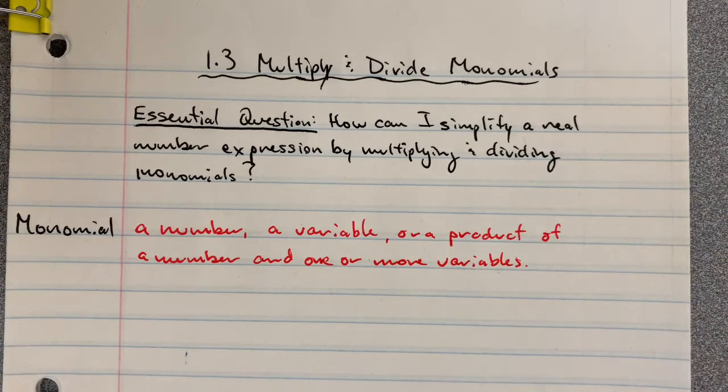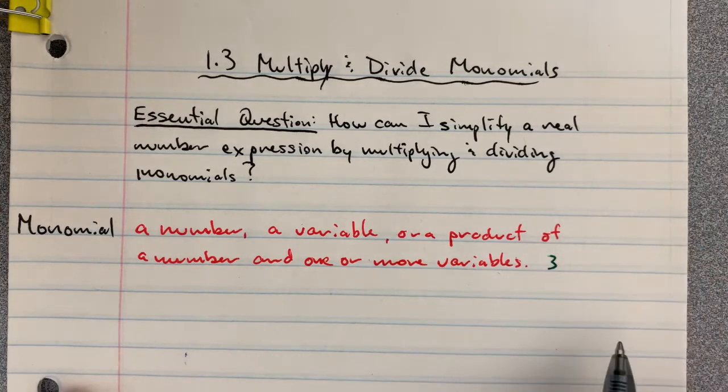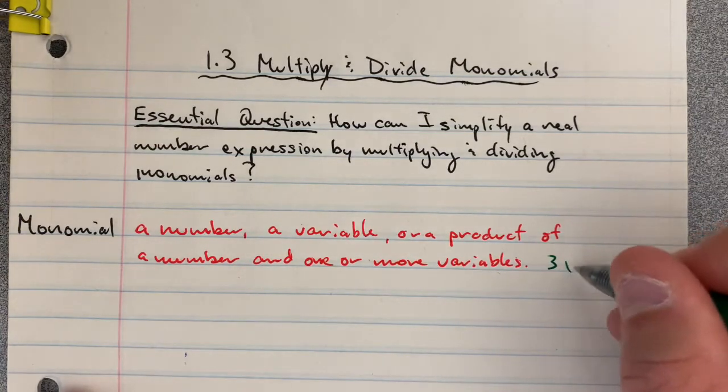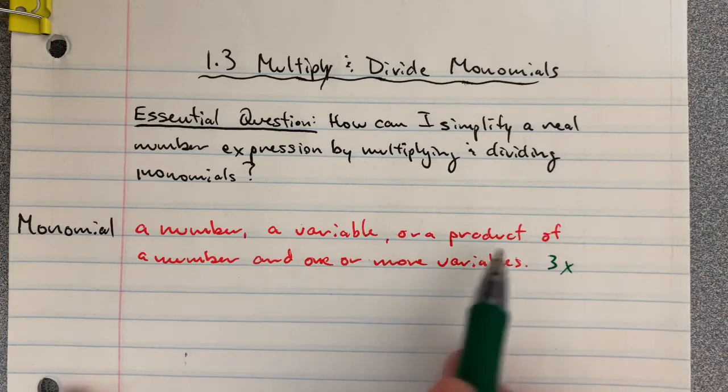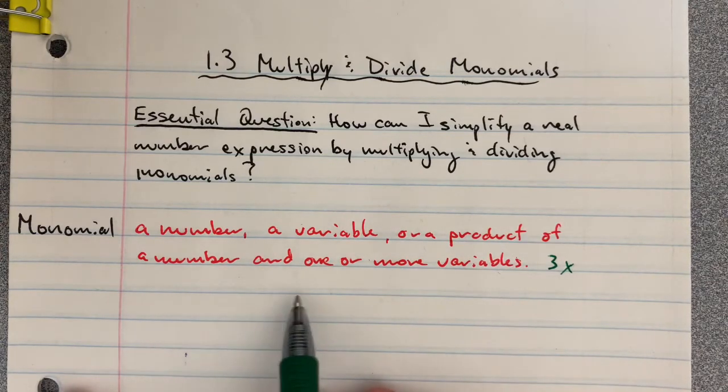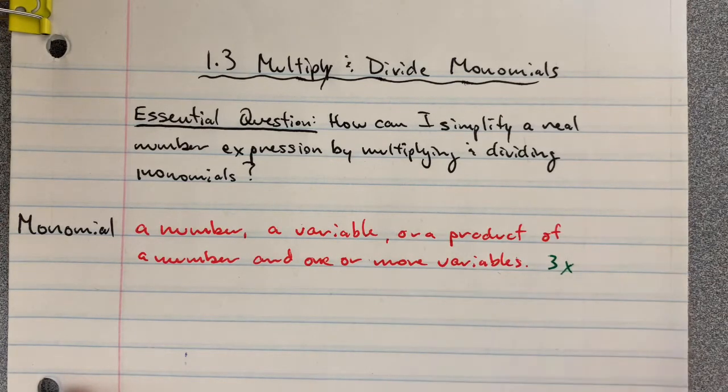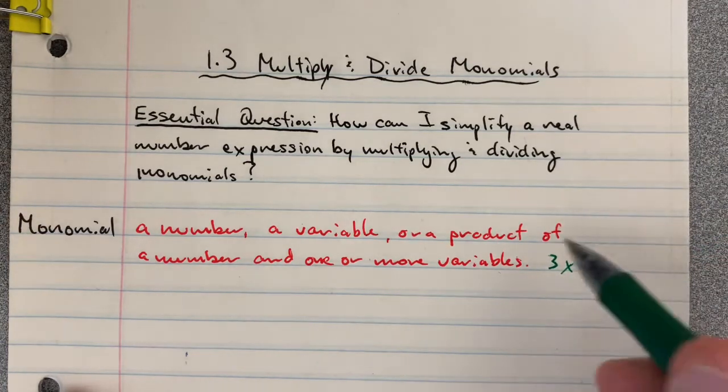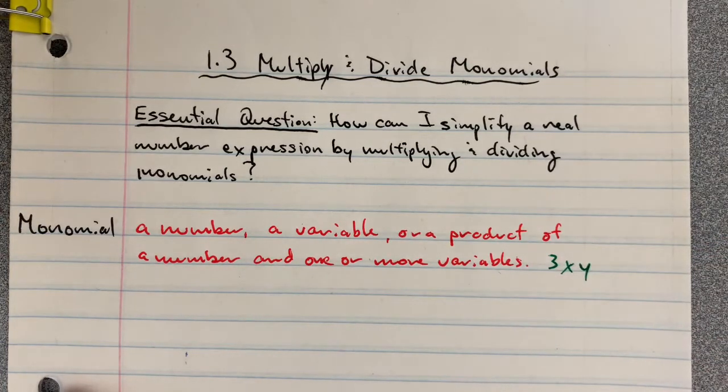So a number, 3, a variable, x, or a product, 3 times x, of a number and one or more variables. Maybe it's 3xy. That is an example of a monomial.